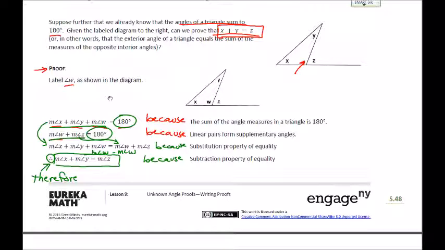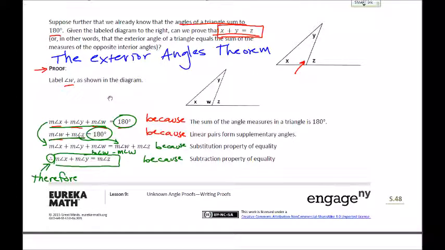Now, that's using deductive reasoning. I'm logically going step by step why something is true, and I'm hoping by now you're convinced that the measure of X plus Y must equal angle Z. And by the way, this is the proof for the exterior angles theorem. So now we can use the exterior angles theorem whenever we want because we've proven that it's always true. Okay, that's our first look at a proof.